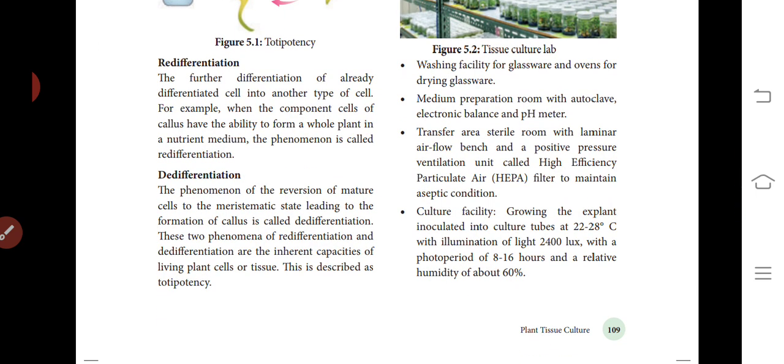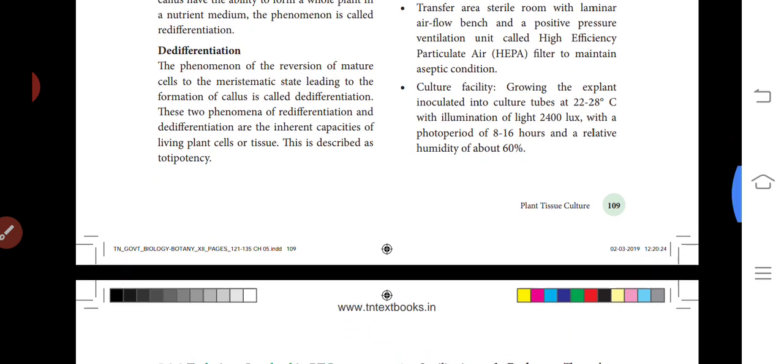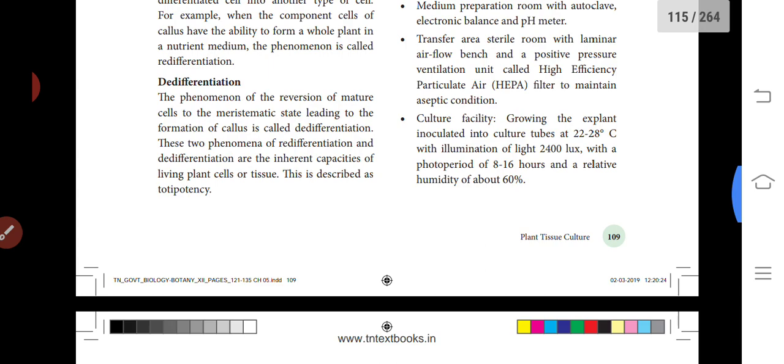Transfer area, a sterile room with laminar airflow chamber or bench and a positive pressure ventilation unit called high efficiency particulate air filter to maintain the aseptic condition. Culture facility, growing the explant inoculated into culture tubes at 20 to 28 degrees Celsius with illumination of light at 2400 lux, with a photoperiod of 8 to 16 hours and a relative humidity of about 60%.